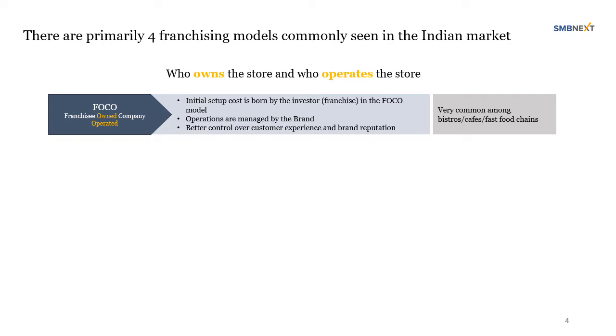When I say owning the store, basically the lease is with me. The initial cost of setting up the store, doing all the interior fixtures, everything is with me, and the company or the brand is operating the store, which means in our example, Fab India will be operating the store. It could be Fab India, McDonald's, or Subway, whichever brand it is, but they will be operating the store.